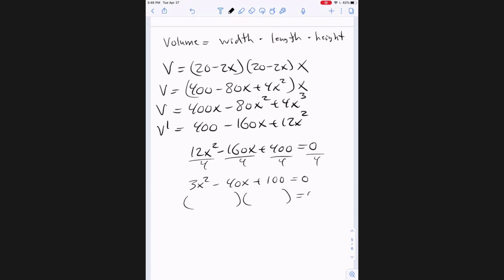Factor: two numbers that multiply to 100, minus 10 and minus 10. You notice the inner product here is negative 10x, the outer product is negative 30x, which adds up to negative 40x. So we get x equals 10/3 or x equals 10.